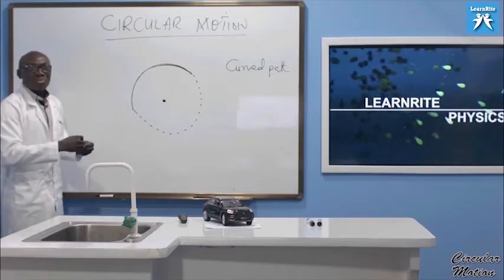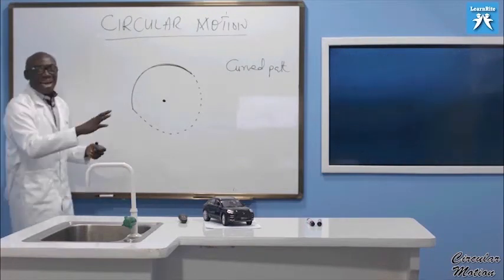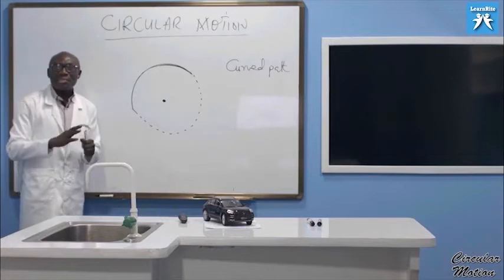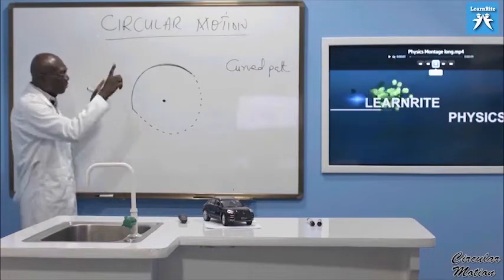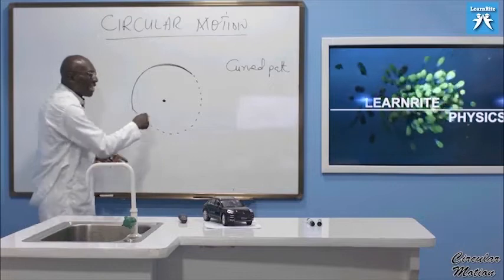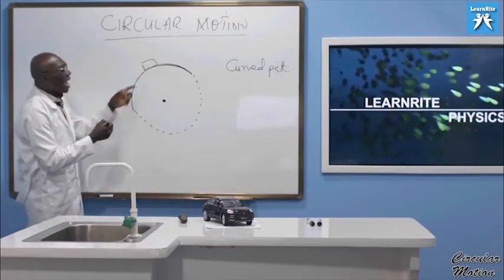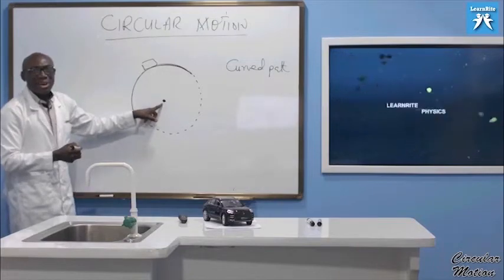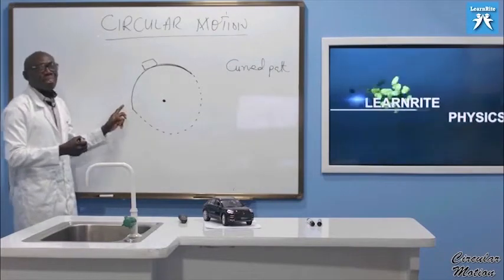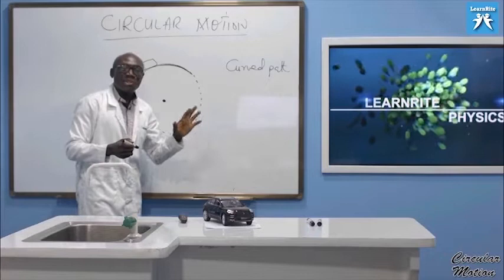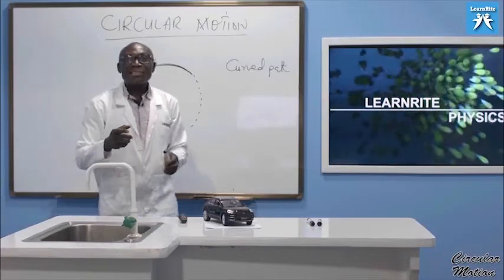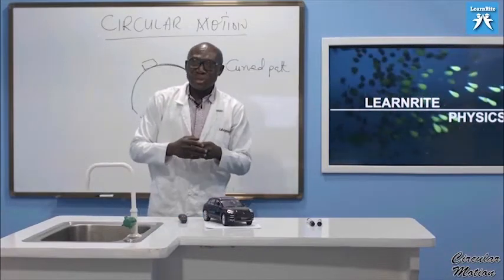So even though what the car performed was just part of the circle, we can complete it to have a circle with a center, and the car was somewhere outside the center of this circle, and therefore we can consider this path or this motion as a circular motion.